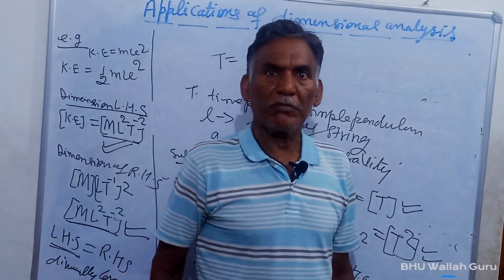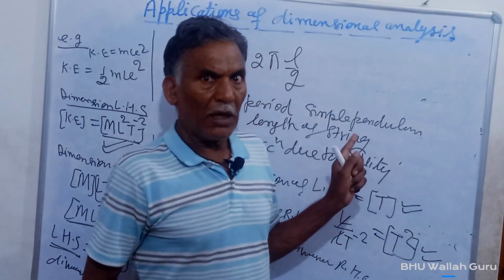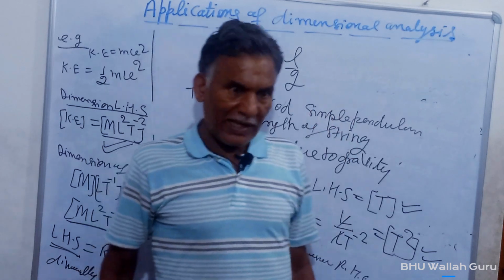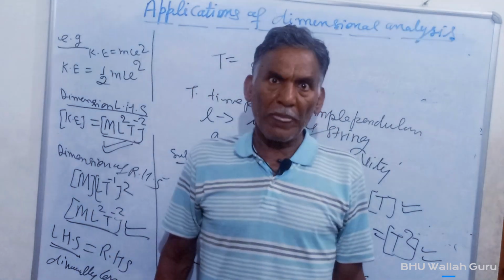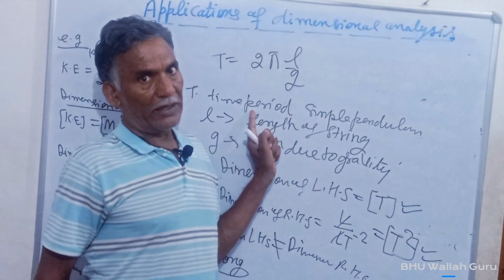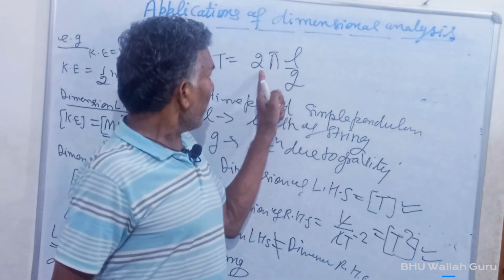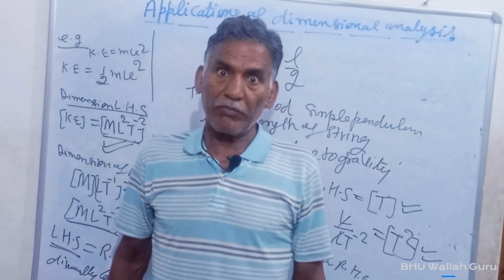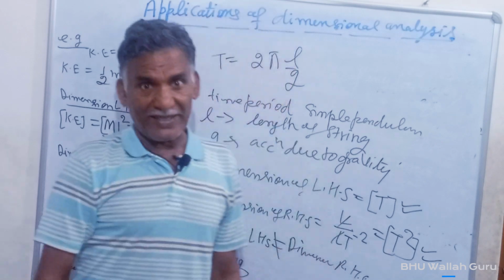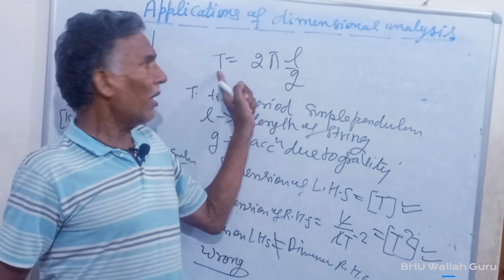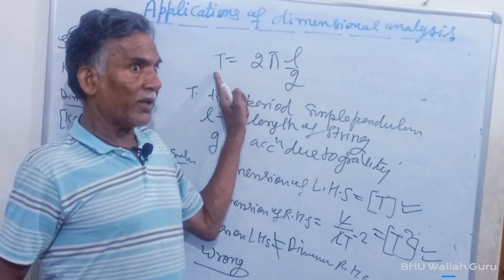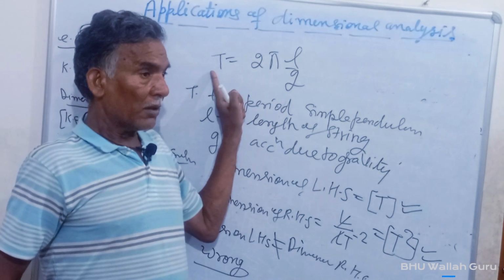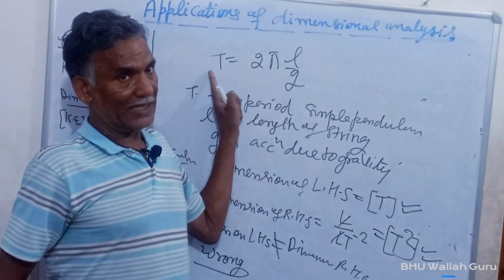Is it clear? I hope that you will check the correctness of any formula with the help of this technique. Here, if T equal to 2 pi root L by G is wrong, then in the third application we can derive the time period of the simple pendulum by dimensional analysis.